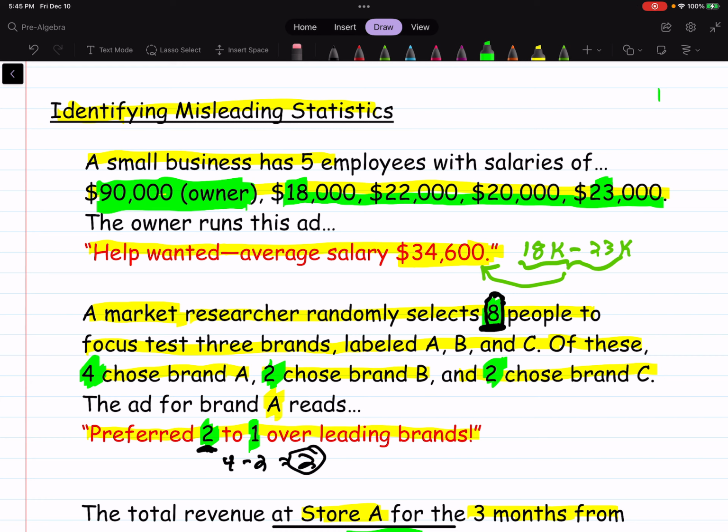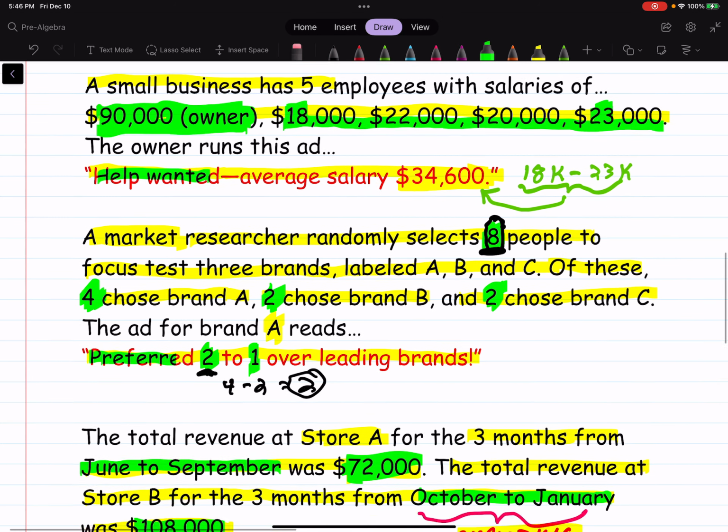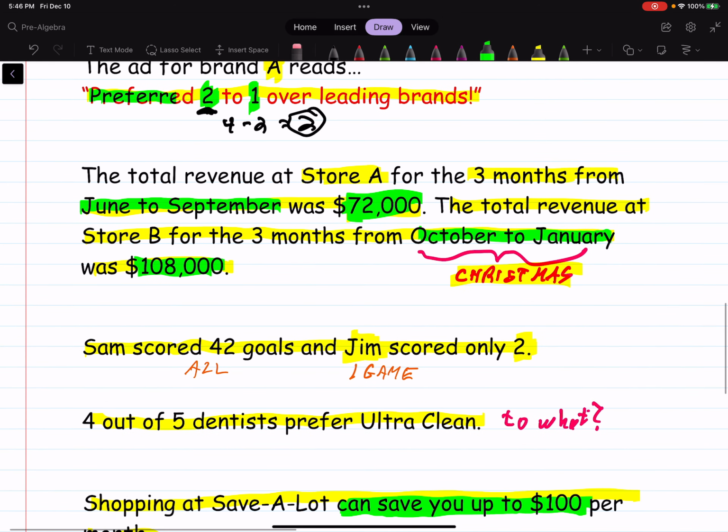Look for ways that the words said out loud in the ad are maybe just ways to make the data look good without lying. And then look for reasons or data that's hidden behind the data you see, to ask, well, do I know everything? Is this a valid statement or not?